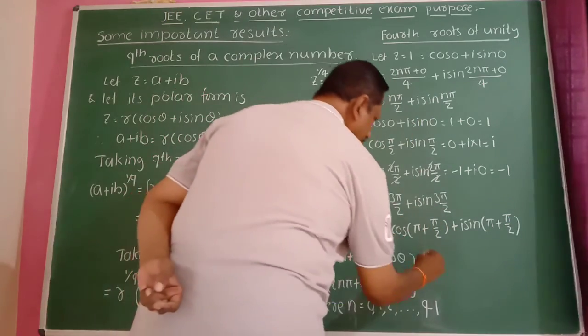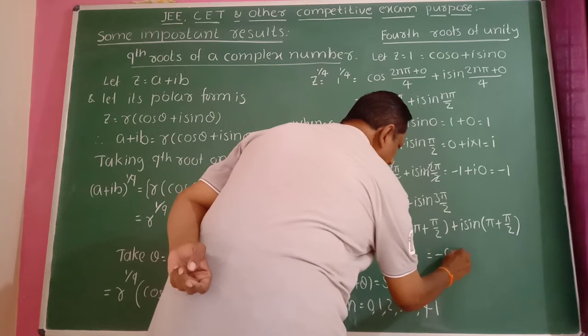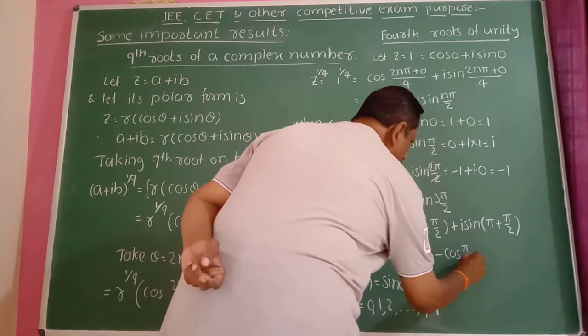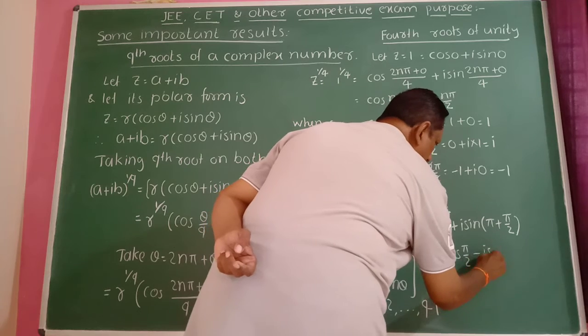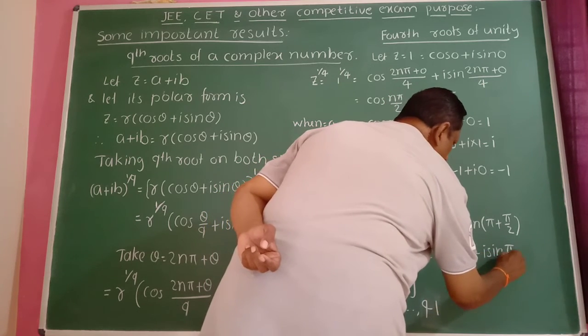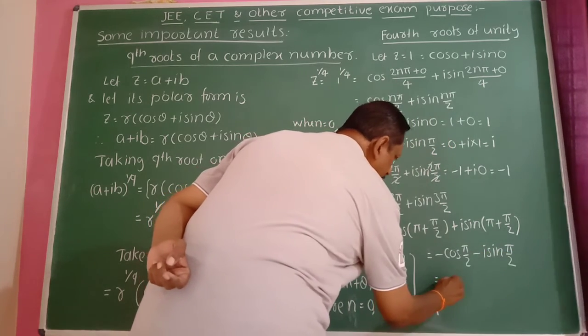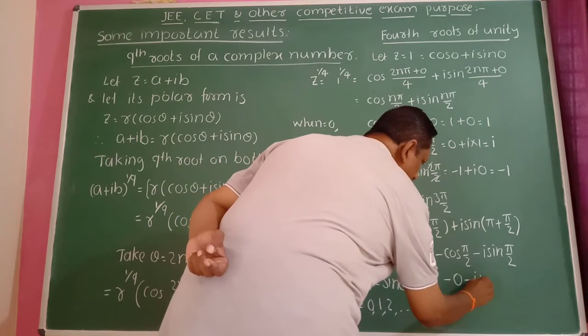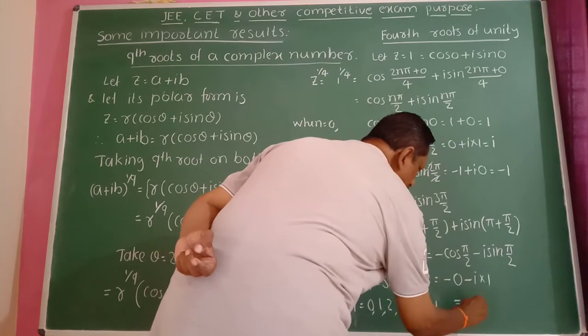In the third quadrant both cos and sin are negative. So minus cos π by 2 and minus i sin π by 2. Cos π by 2 is 0 and sin π by 2 is 1. So it is minus i.